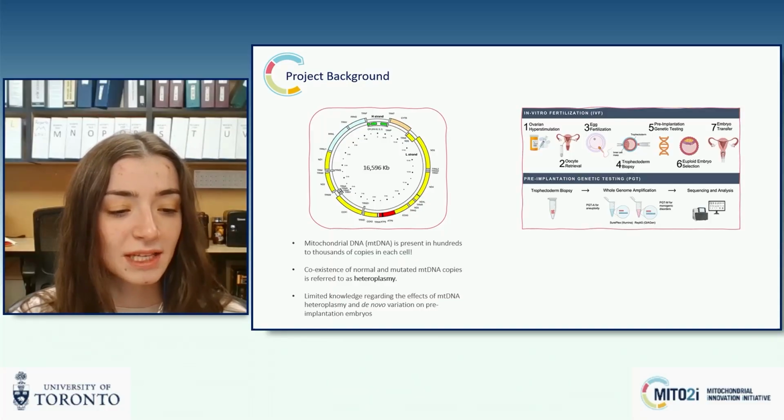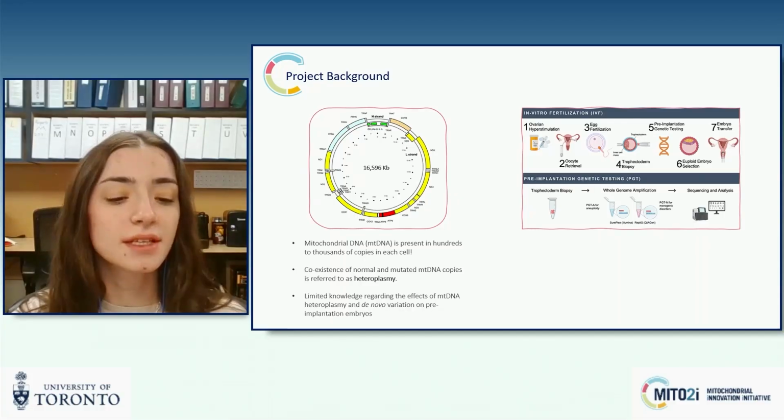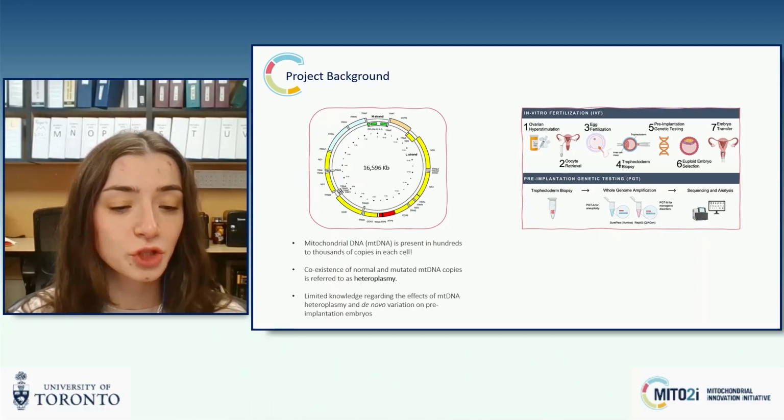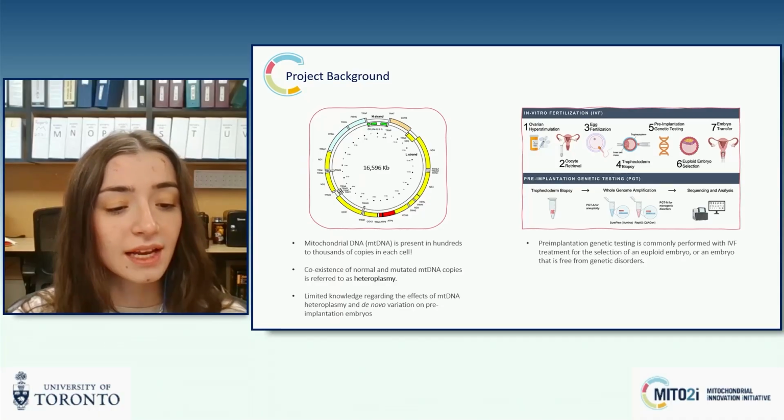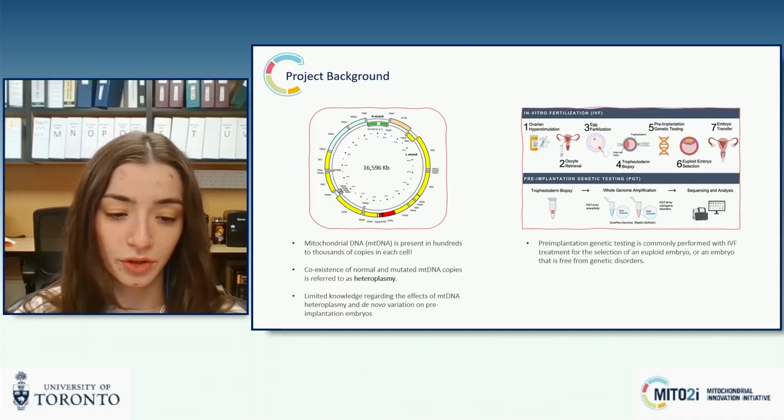So another important aspect of my research is pre-implantation genetic testing. This is commonly performed with IVF treatment for the selection of a euploid embryo, or an embryo that is free from genetic disorders.